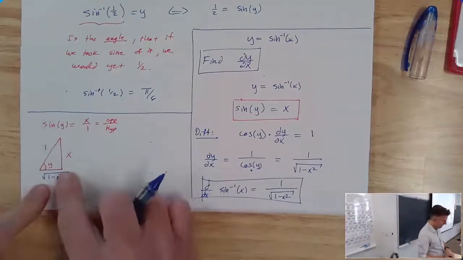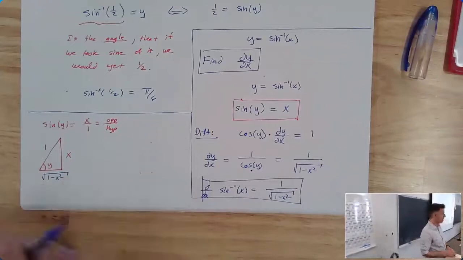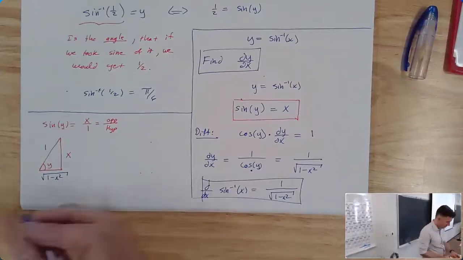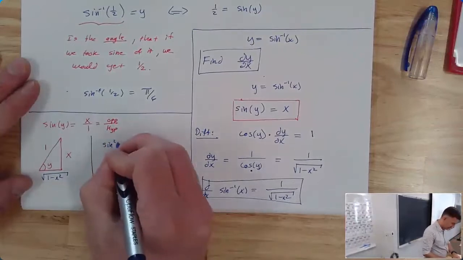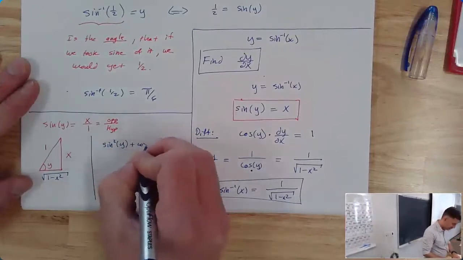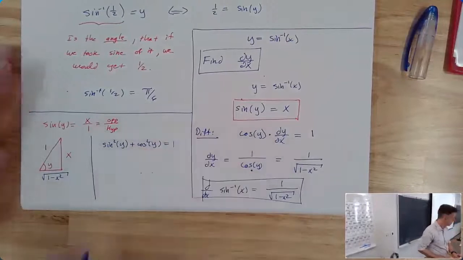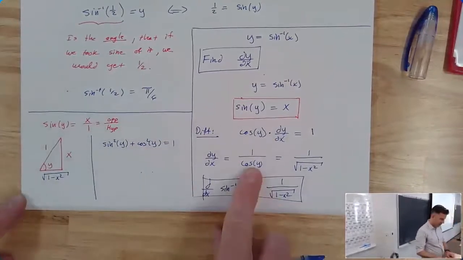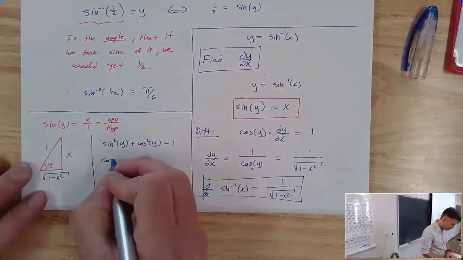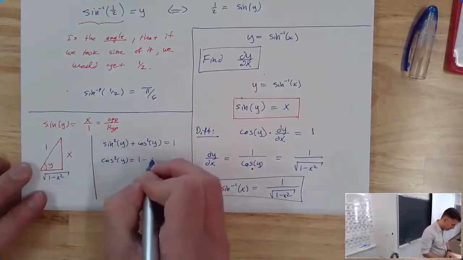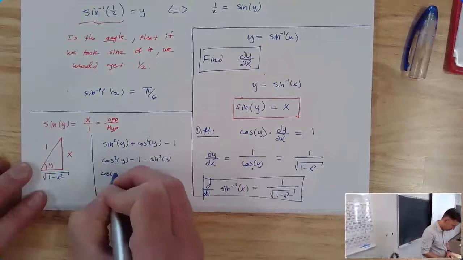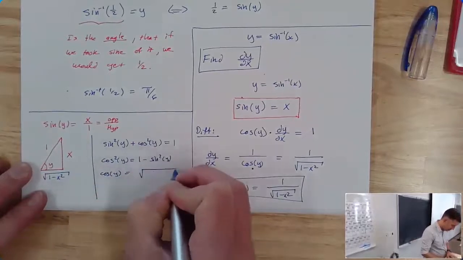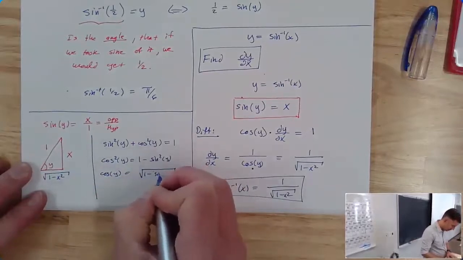But if you don't like this, the other way you could go is a trig identity. We definitely know the trig identity involving sine and cosine: sine squared of y plus cosine squared of y equals 1. So if I want to figure out what cosine of y is, I can say cosine squared of y is 1 minus sine squared of y, and cosine of y is the square root of 1 minus sine squared of y.